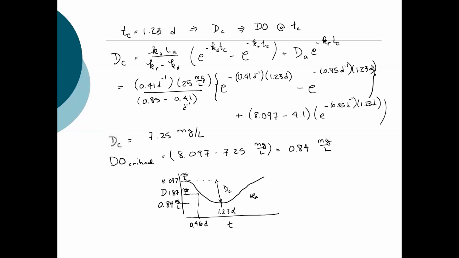And finally, we see at the critical deficit, the rate of reaeration is equal to the rate of deoxygenation, and at distances greater than that associated time or distance, the rate of reaeration starts to dominate over the rate of deoxygenation.